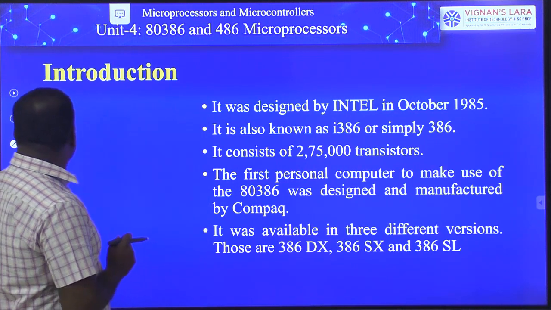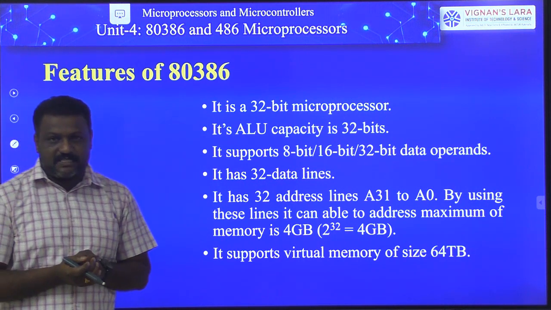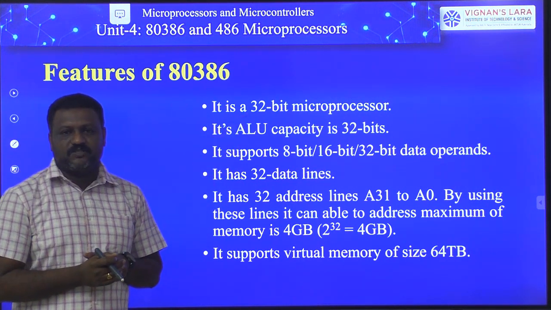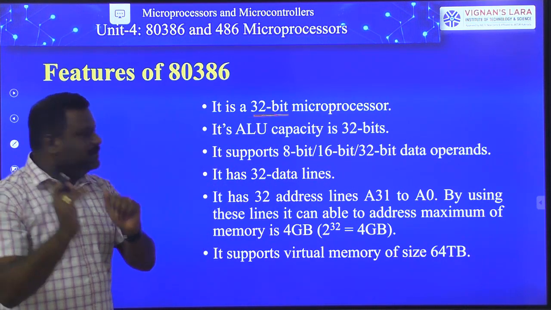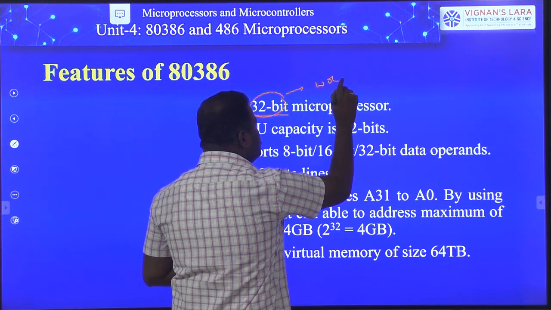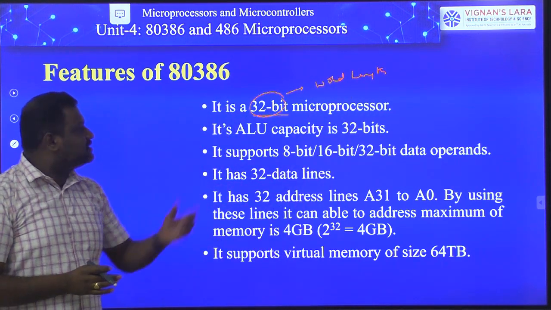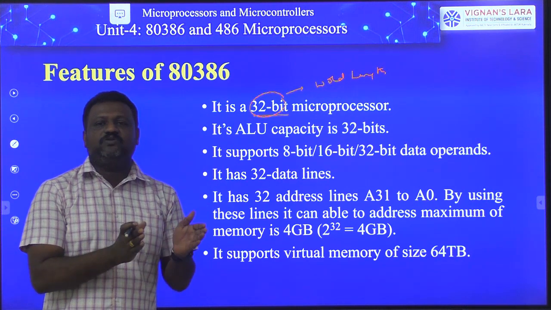Now, I am going to discuss the salient features of 80386. The first thing is, it is a 32-bit microprocessor. What is a 32-bit processor? You remember, friends, this 32-bit indicates the word length of 80386.